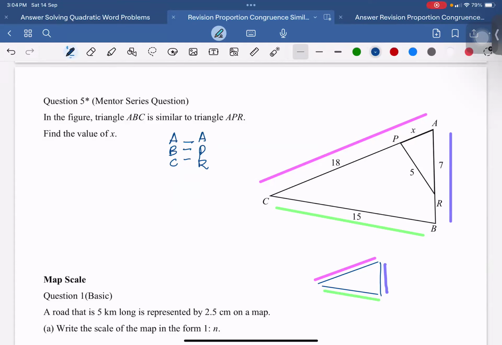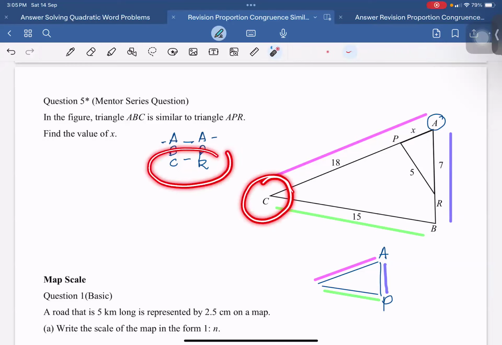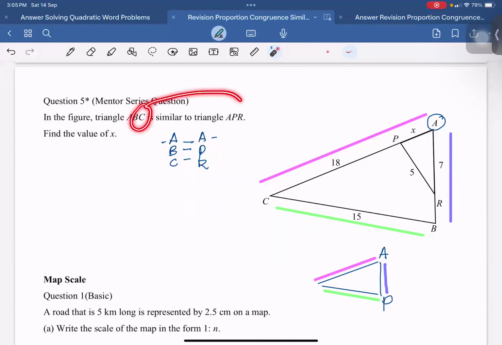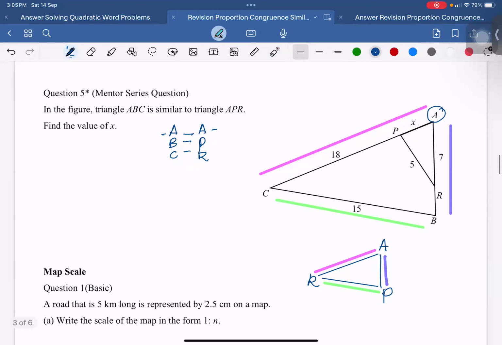A with A, B with P, C with R. Then we fill in the numbers.